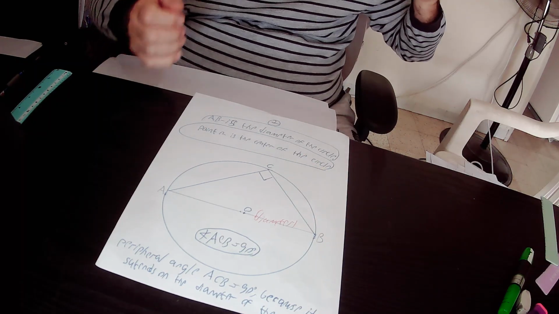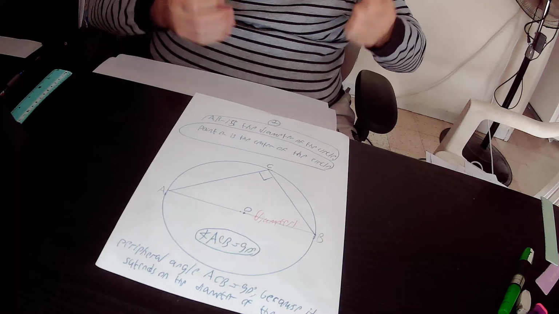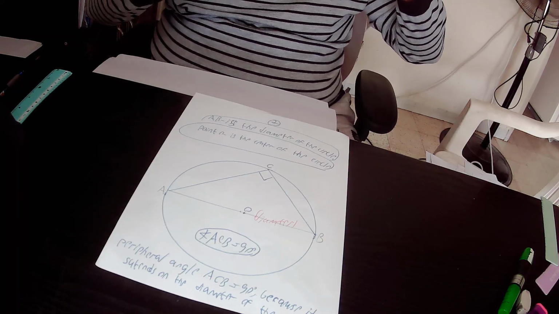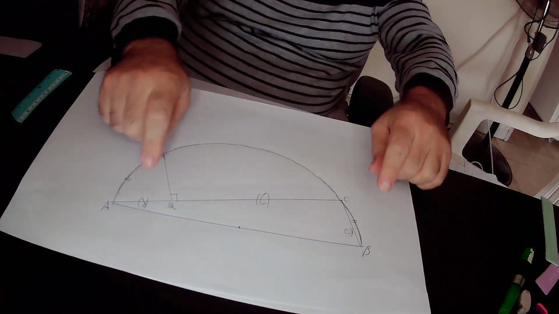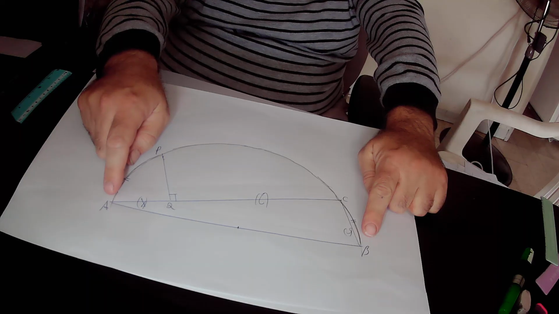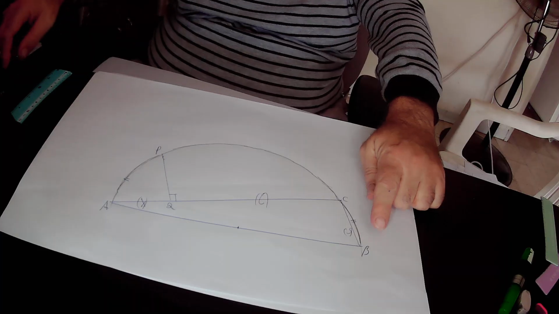So according to rule 7, any peripheral angle that subtends on the diameter of a circle or semicircle must be equal to 90 degrees. So this is peripheral angle ACB that subtends on chord AB, the diameter of this semicircle, and therefore according to rule 7, it must be equal to 90 degrees.